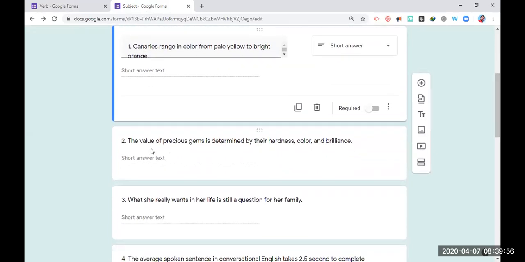As you can see here, I give you an example of a subject that comes in a phrase. "The value of precious gems is determined." As you see, "is" is the verb, which means all the words that come before the verb are the subject. If your answer is "the value of precious gems," that's correct. Some of you answered only with the words "the value."